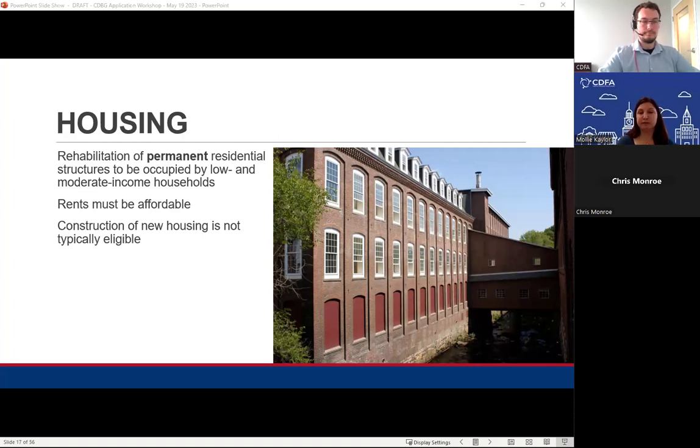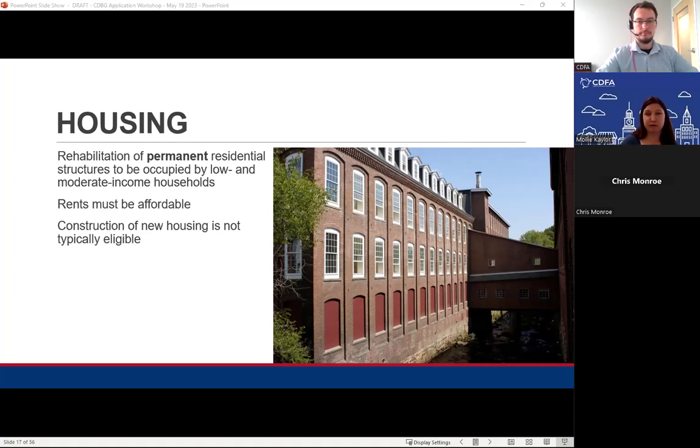And again, for multifamily rehab, if there are several units, at least 51% have to have occupants who are low to moderate income individuals. If it's a duplex, at least one of the two units must qualify, and anything larger than that has to meet that 51% threshold.